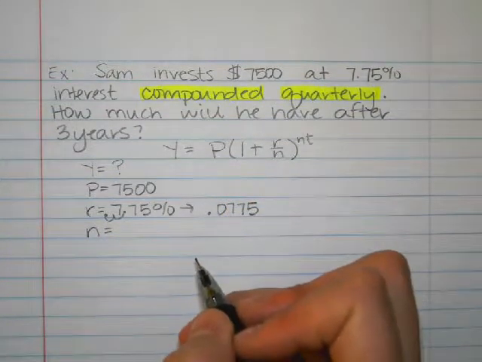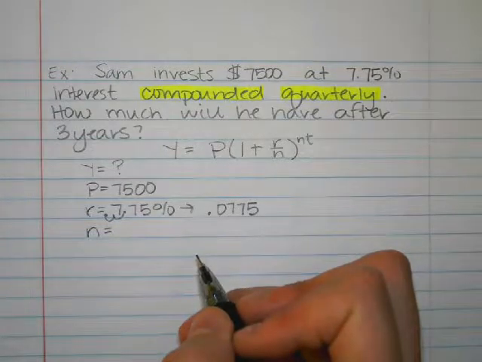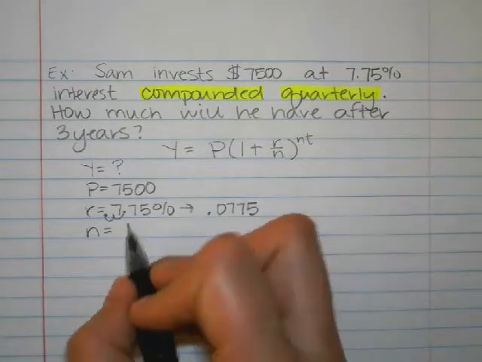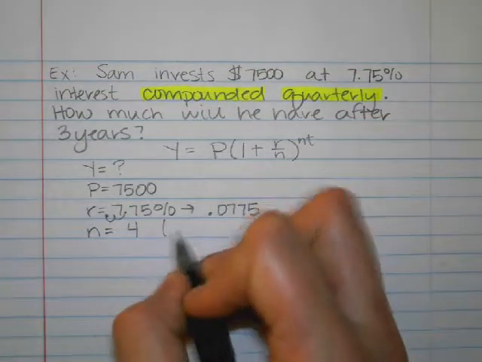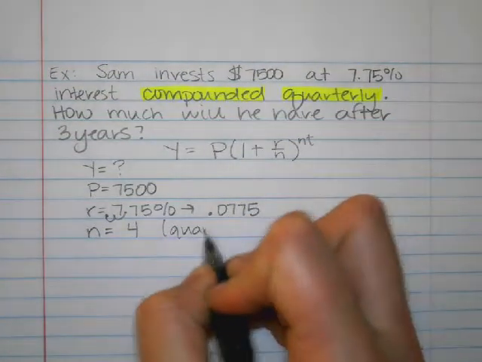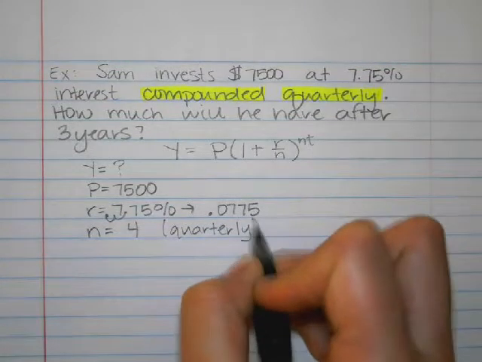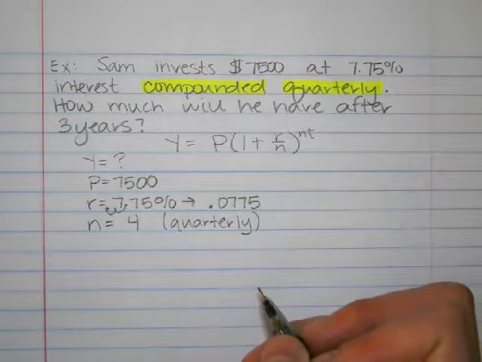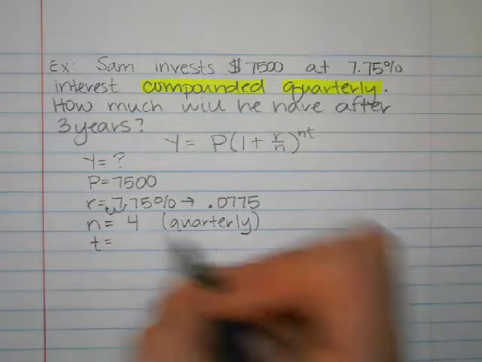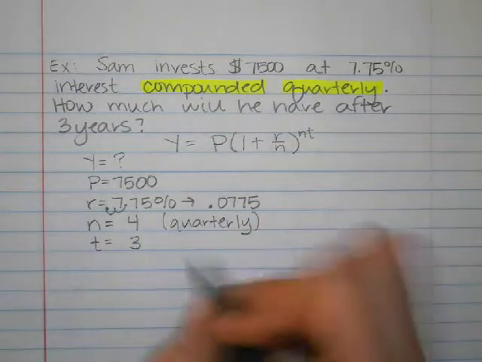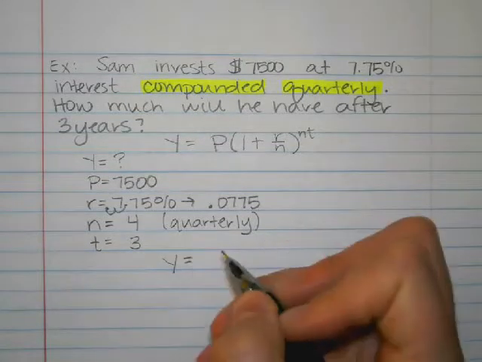Yes. For quarterly, 4. In your notes, you might write the word quarterly so you remember where that came from, since it's not written as a number in the problem. And then did they give us a t value? Yeah, 3 years.